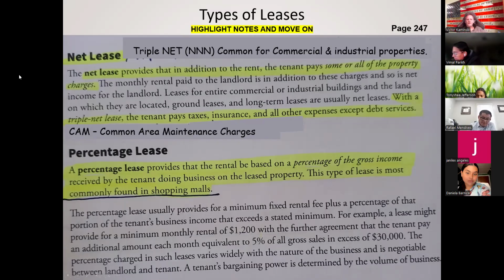And then right underneath there, CAM, because CAM charges are passed on to the tenants with a net or triple net lease. Those are the common area maintenance charges on the property: the landscaping, the snow removal, all that stuff, the fee for the pressurized pipes for the water, for the sprinkler systems, and all kinds of stuff like that.